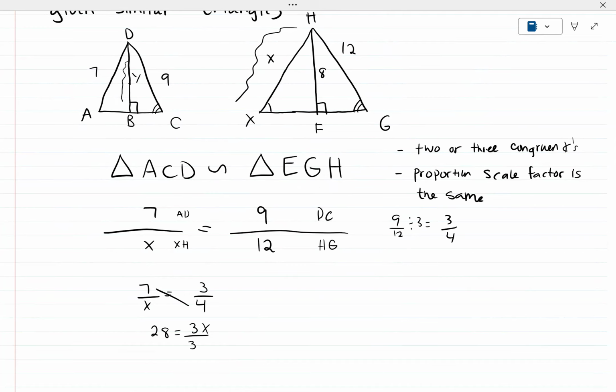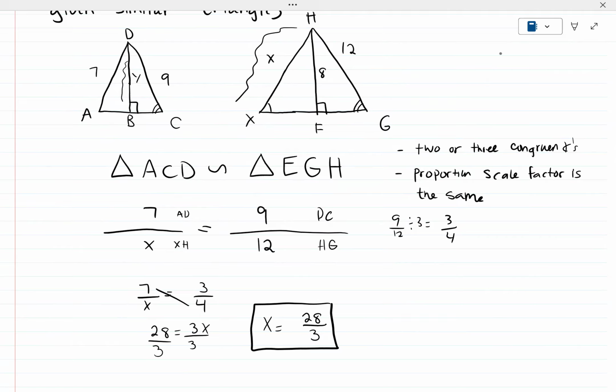Divide this by 3, you get 28 over 3. So another keynote: x is 28 over 3, which is a decimal right now.